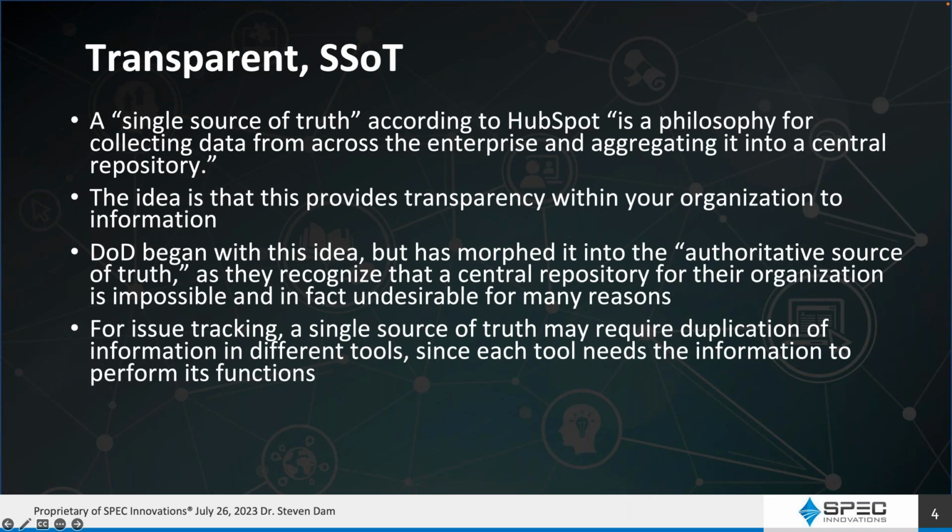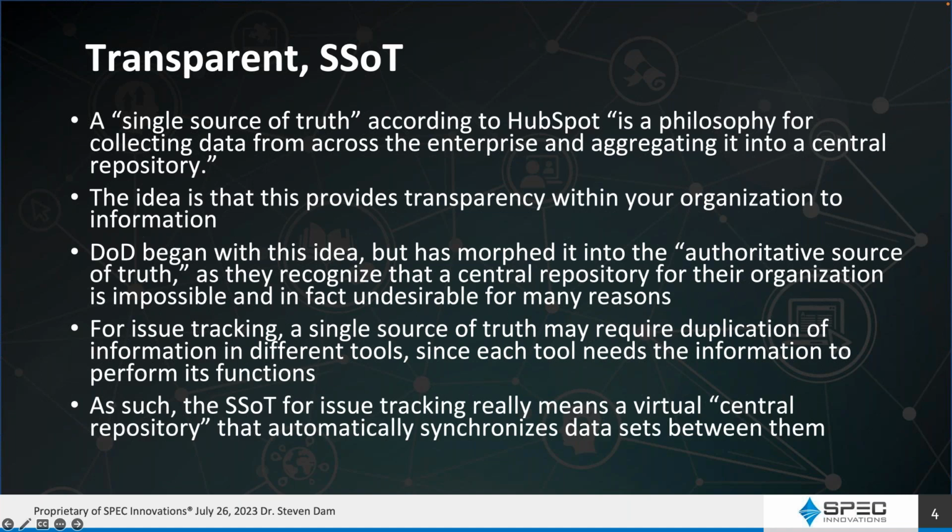So for issue tracking, the single source of truth may end up requiring duplication because oftentimes you're using different tools, and different tools have different databases, and they require the information to be in that database to be able to be used and perform their functions. So this is where we get into some really thorny issues with this problem.